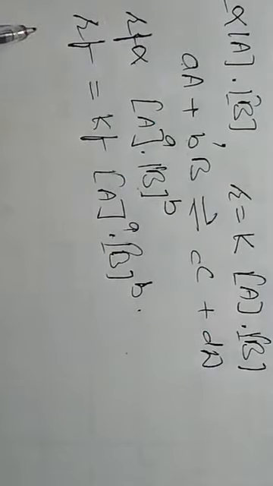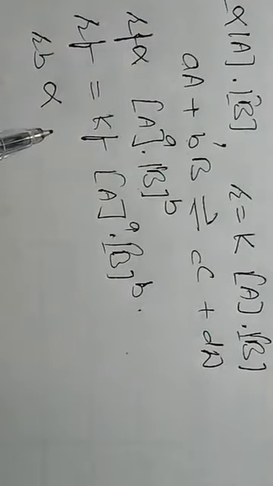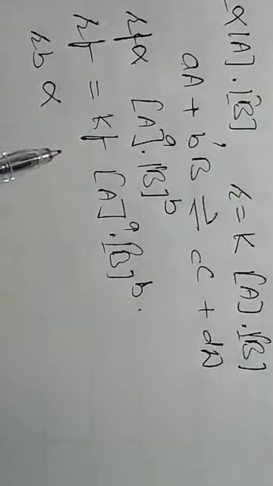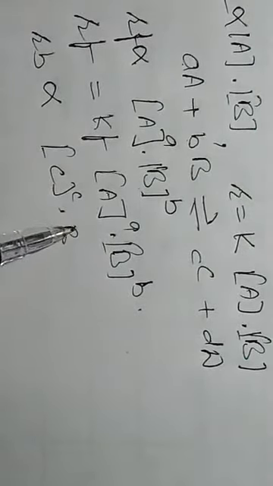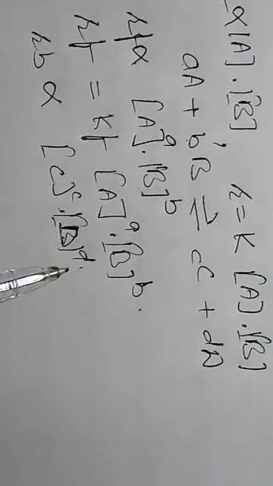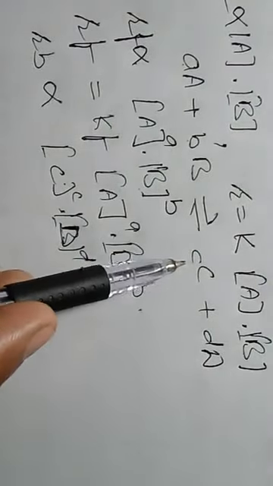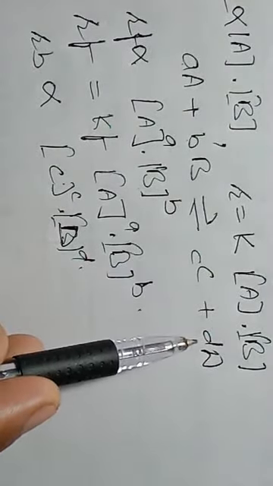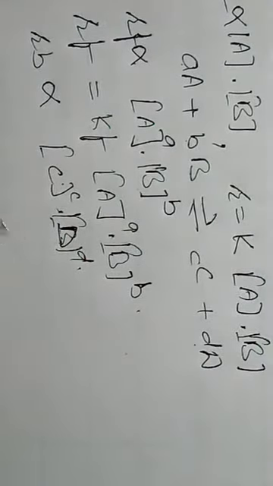In the same way, for the backward reaction, the rate of reaction will be proportional to the product of the concentrations, each raised to the power equal to their stoichiometric coefficient, which are given here in this balanced reaction.